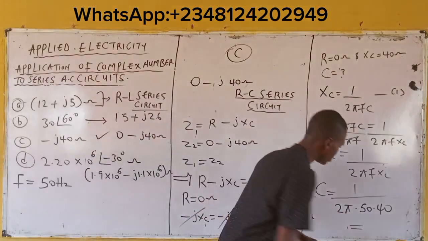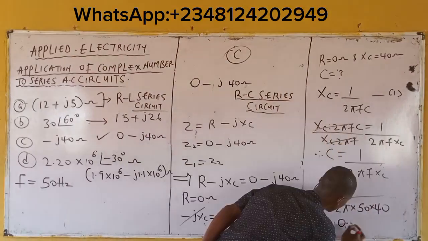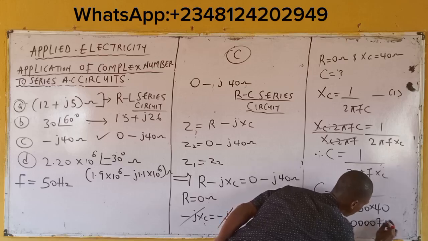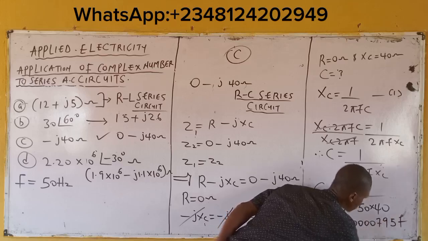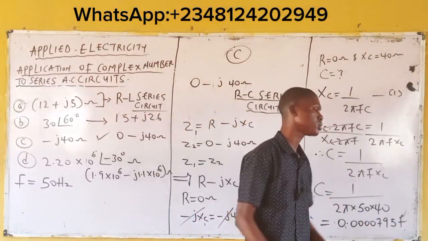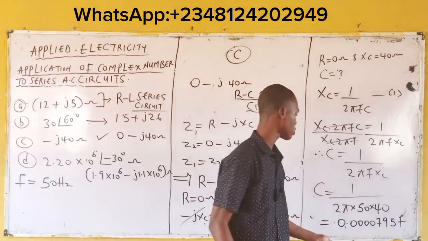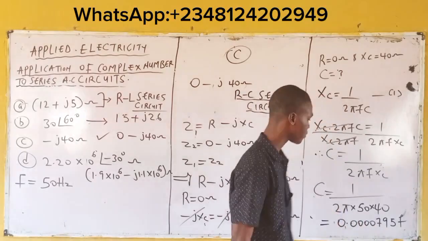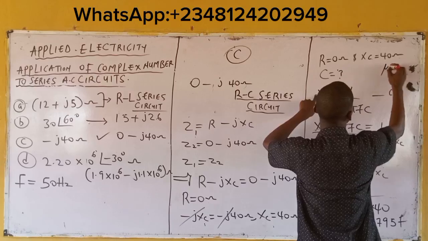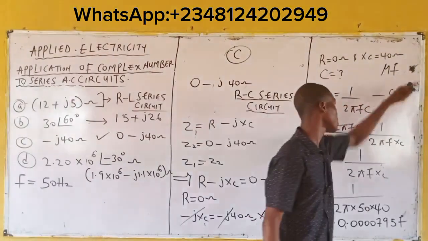2 pi times 50 times 40. What's the answer? 0.0000795. What's the unit? Farad. The unit of capacitance is farad, but you can express it in millifarad, microfarad, picofarad or nanofarad. Let's express it in microfarad.